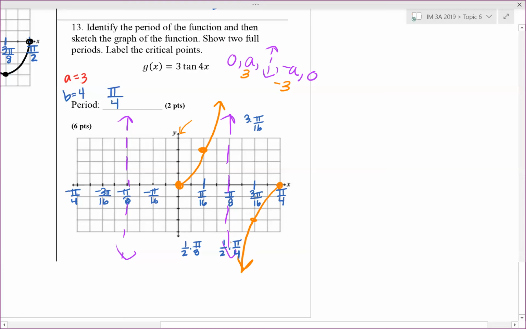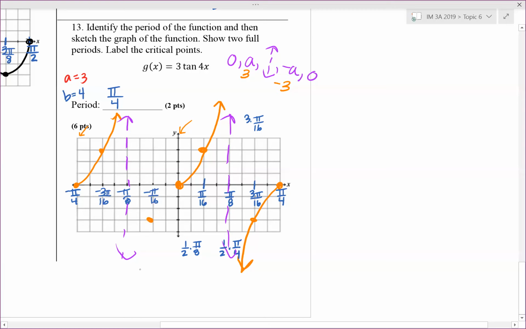And then I have the same thing happening on the left side. So where I started at the y-axis, remember we always start on the other side of the negative x-axis to do the same pattern. So still 0, 3, so that one's going towards the asymptote. And then negative 3, and the 0 is already there because this lines up with the new pattern.